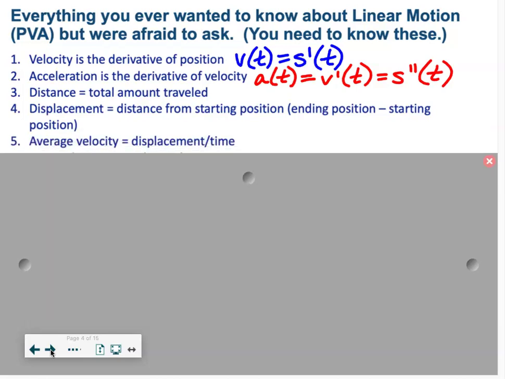Average velocity is computed as displacement over time. It's your ending position minus starting position over ending time minus starting time. So displacement over time. You would think average velocity would be distance over time, but it's actually displacement over time.